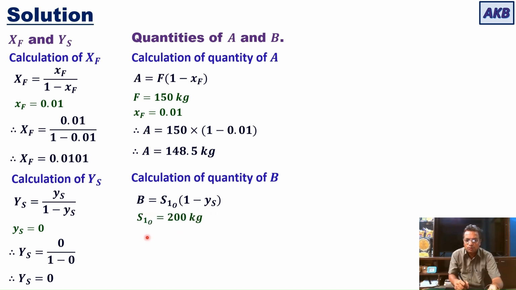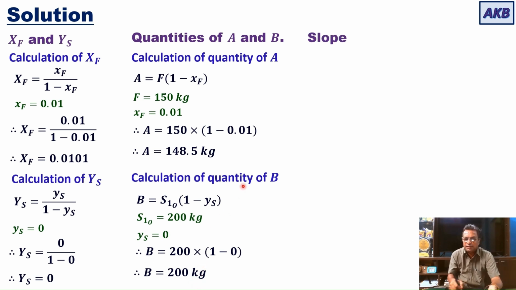But Ys is 0. S is 200 kg and Ys is 0. That gives us B is equal to 200 into 1 minus 0, that gives us B as 200 kg. So in this way, we have got the quantities of A and B. A is 148.5 kg and B is 200 kg.